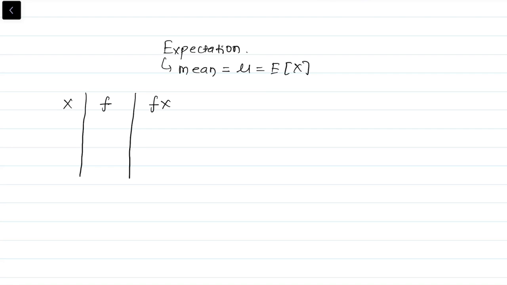And then we used to sum all the values of fx and then divide it by summation of frequency, and this gives mean, right? But now we'll replace frequency with probability.